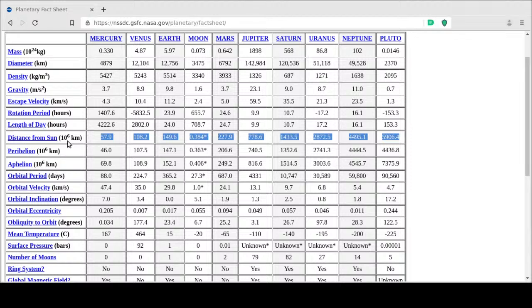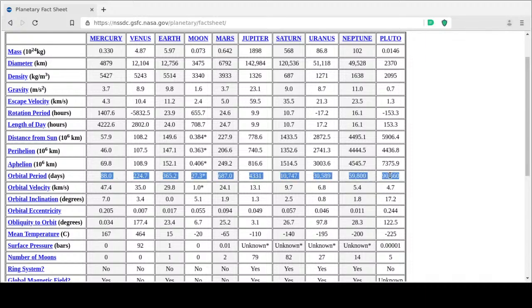Here it's being measured in millions of kilometers. For Mercury, the distance to the sun is 57.9 million kilometers. For Venus it's 108.2 million kilometers, and for Earth it's 149 million kilometers. The datum that I'm going to use in a minute is right from there. And then the other one is the period, and here it is.